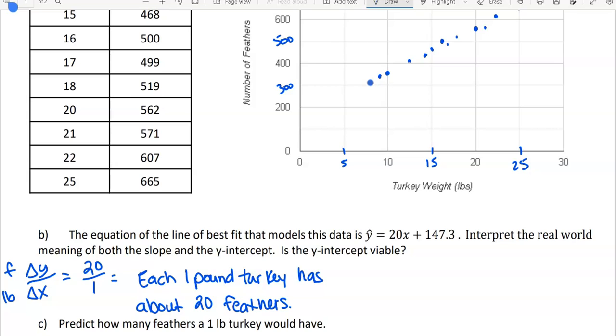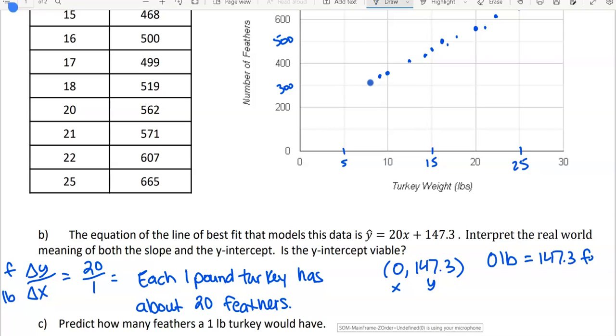The y-intercept is the 147.3, so that's (0, 147.3). Remember, this is my x, this is my y. So if x is 0, if my turkey is 0 pounds, then it's going to have 147.3 feathers.